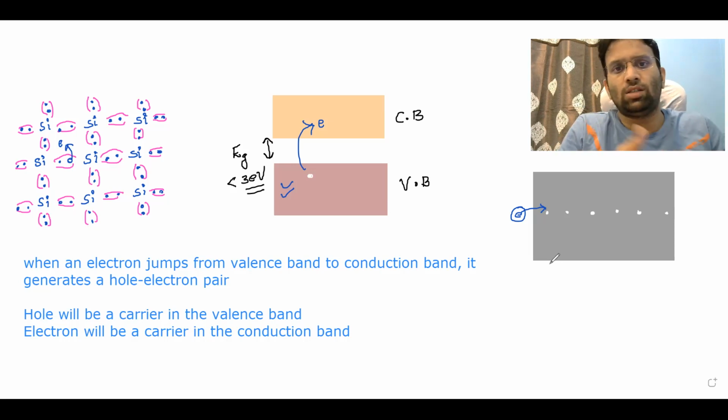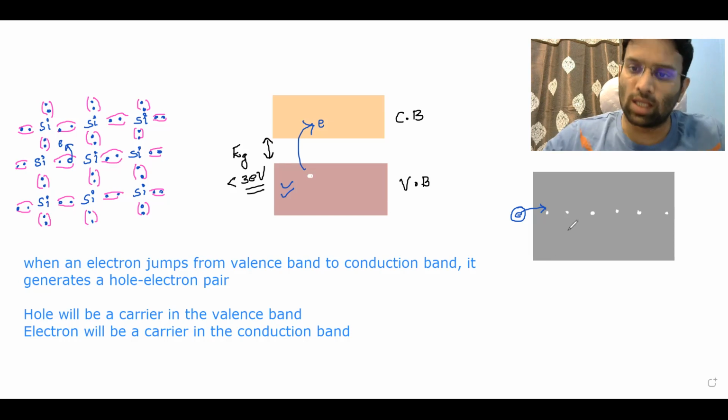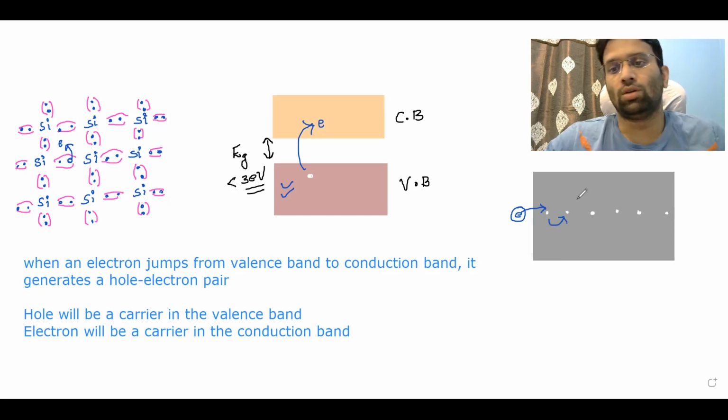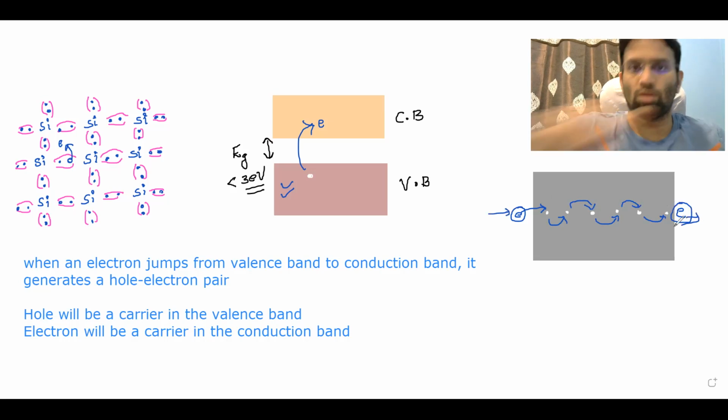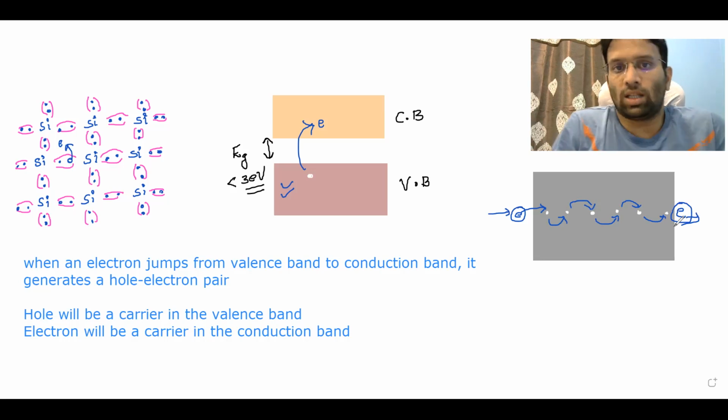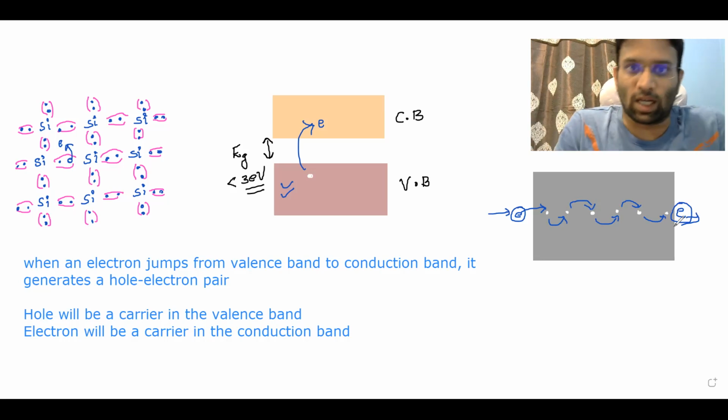Again, there will be agitations and an electron-hole pair can be generated. So accordingly, either in the neighborhood or the same hole which got the electron can get rid of that electron, and that electron will jump into the next hole. And again, it can jump into the next hole, the next hole, next hole. Like that, finally the electron comes out. So an electron is given, an electron is taken. That's how electron circulation takes place, and that is how current is conducted.